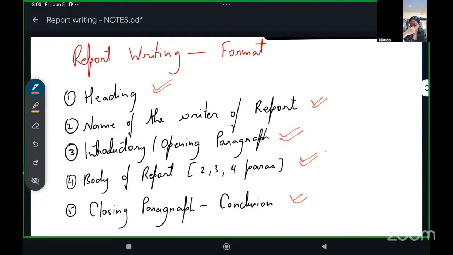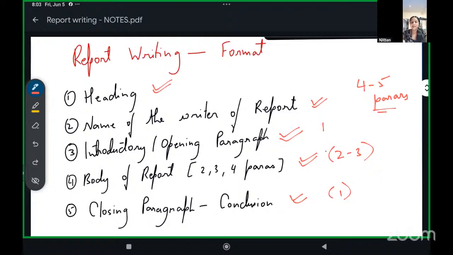Now, this body of the report can be 2 paragraphs, 3 paragraphs, 4 paragraphs. Minimum, I suggest 4 to 5 paras in a report writing should be there. That is one introductory para, two or three body paras, and one closing para.